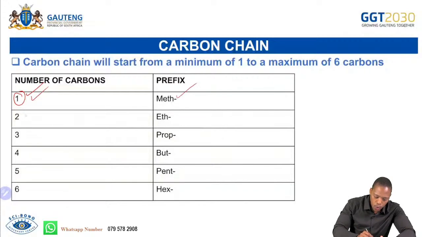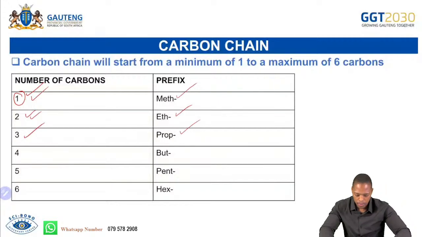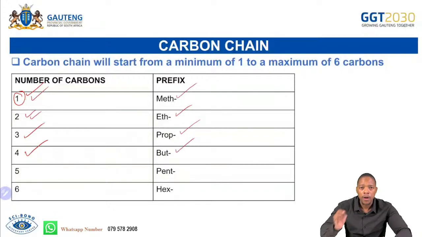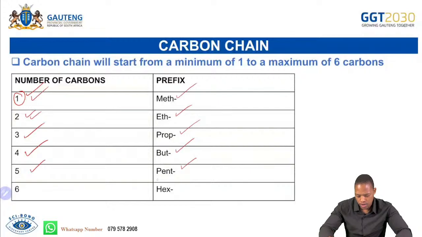Okay, and then 2 carbons is going to be eth. Okay, 3 carbons is prop. New word, I know. 4 carbons, excuse me, is but. We say but, not bad, but but. 5 carbons is pent. Okay, and I think this one should be making a little bit of sense, pent.